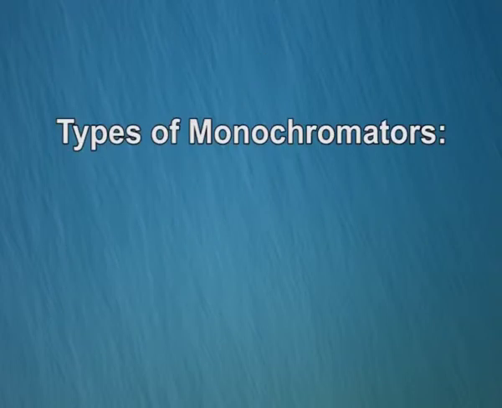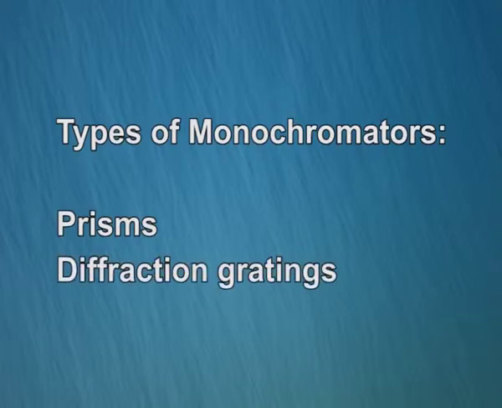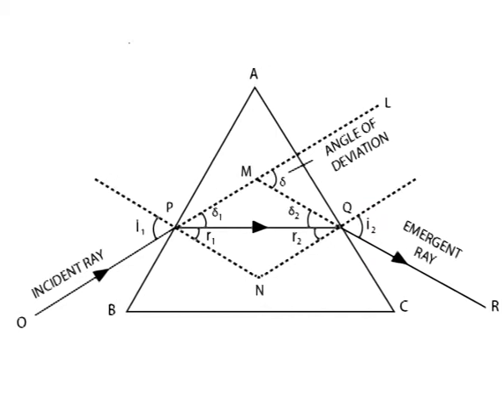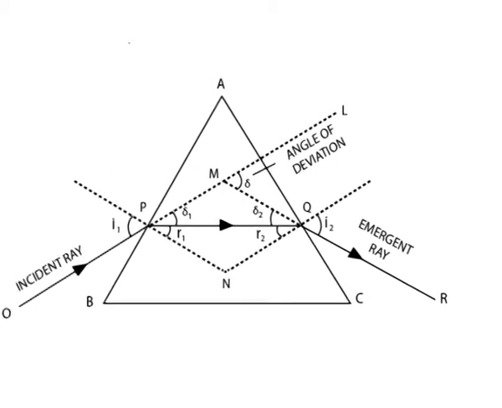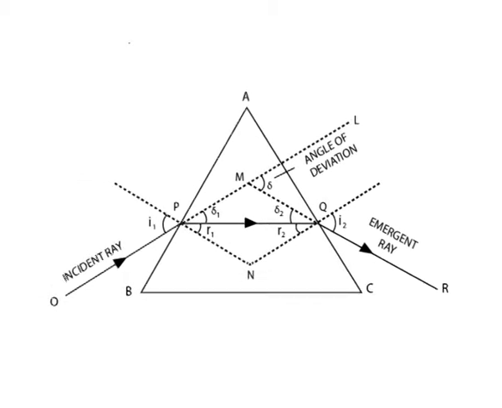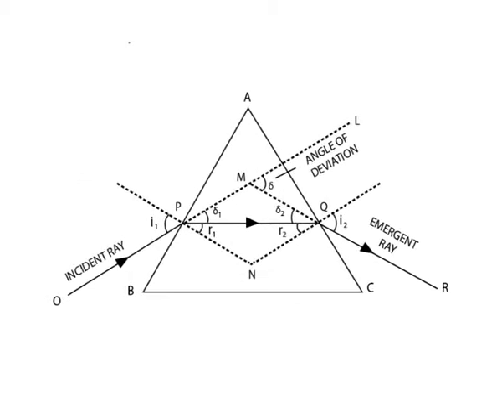Types of monochromators: prisms and diffraction gratings. Prisms. A prism bends the monochromatic light. The amount of deviation depends on wavelength. They produce non-linear dispersion. A prism is used to isolate different wavelengths.